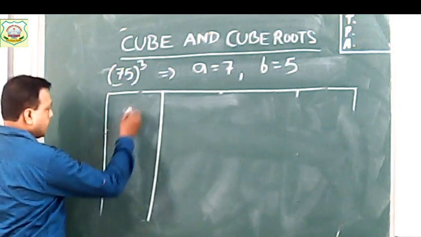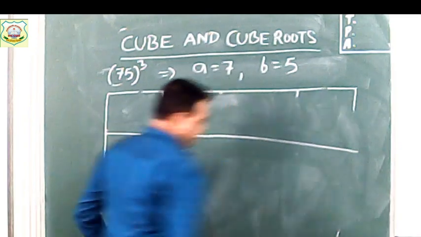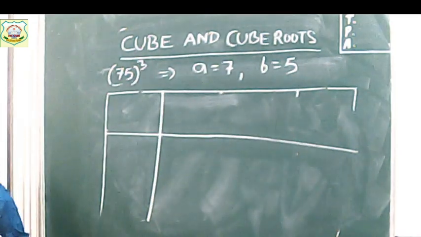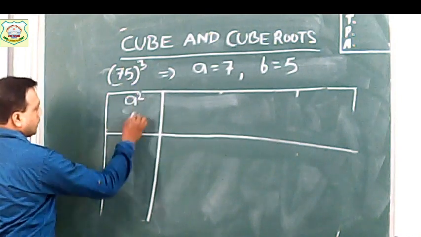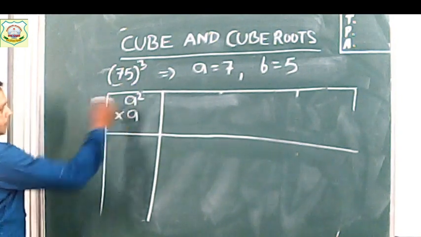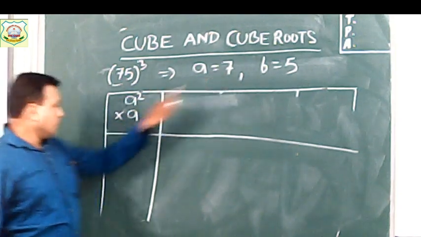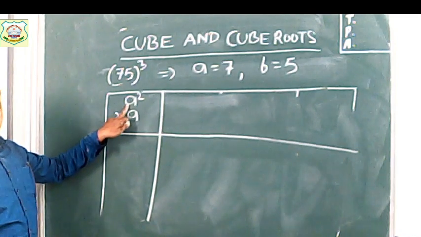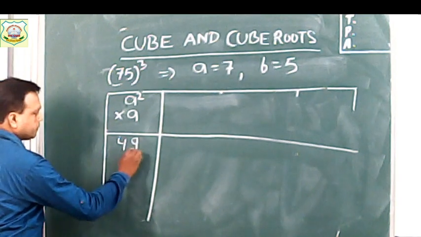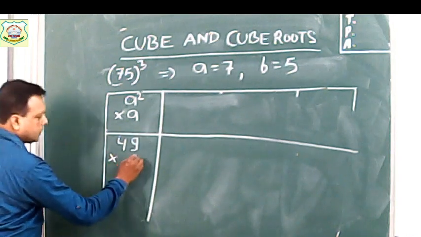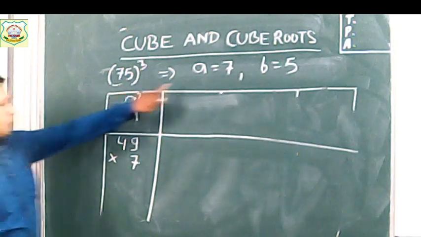Now first of all write the formula. A square multiply a. What value have we taken? A is 7. 7 square, 7 into 7, 49, and multiply 7. A square, what value have we taken?